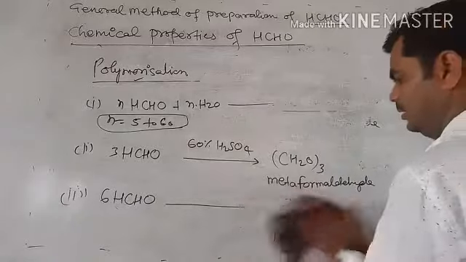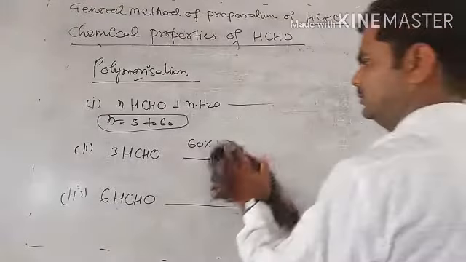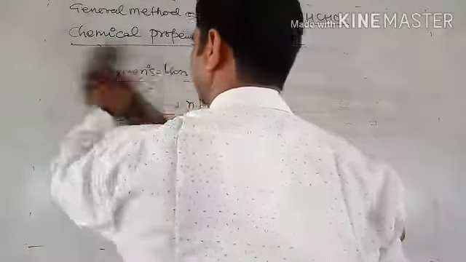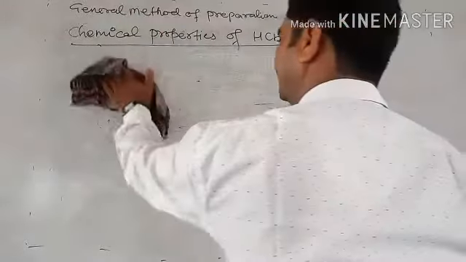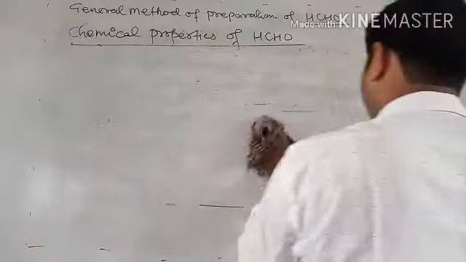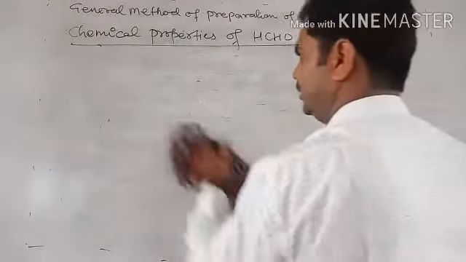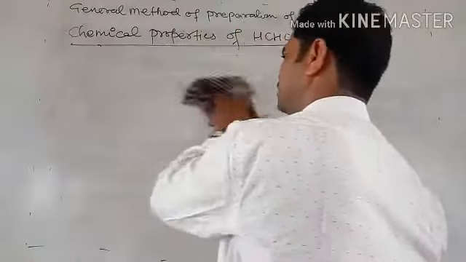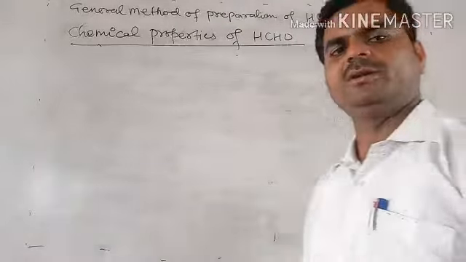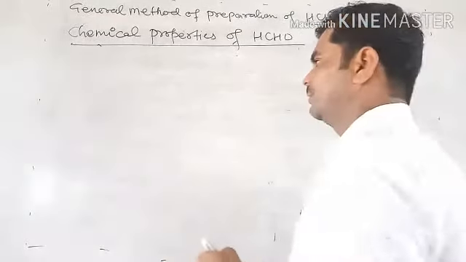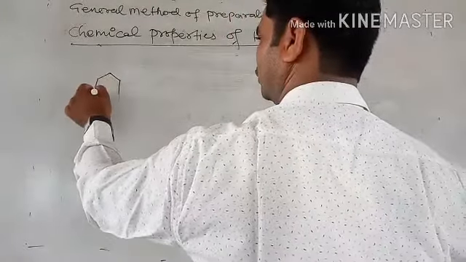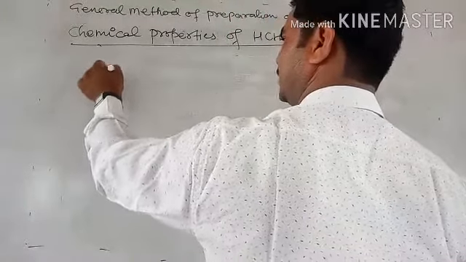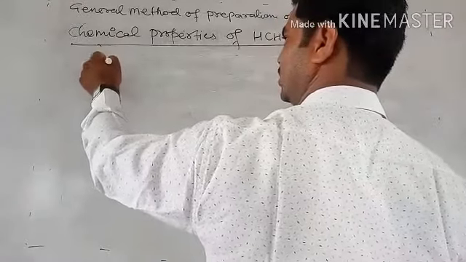Students, now we shall discuss what happens when phenol reacts with formaldehyde. It is a most important topic. When an OH group is attached directly to a benzene ring, this structure is called phenol.